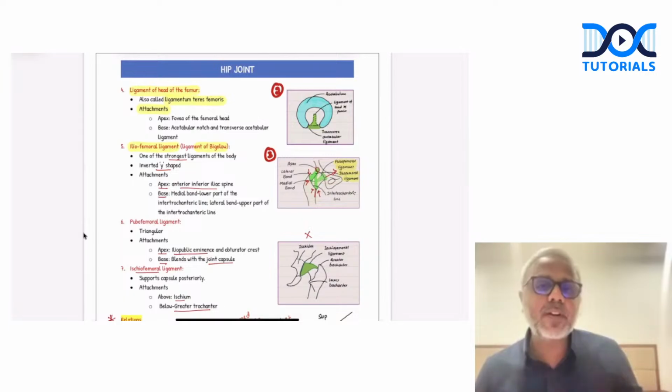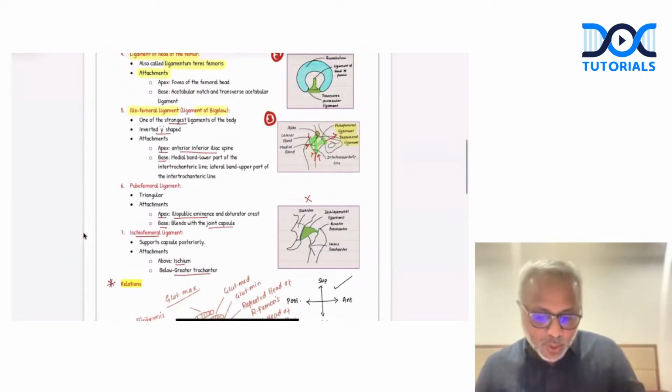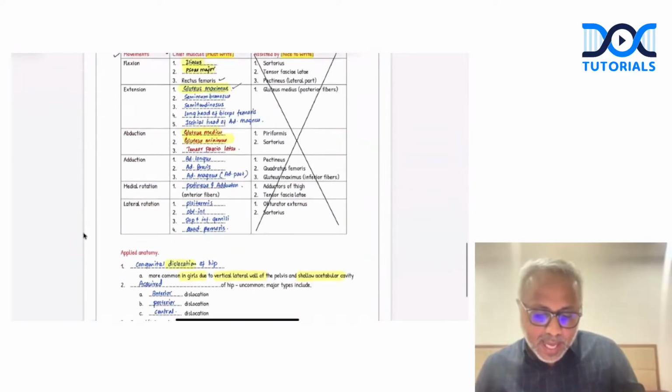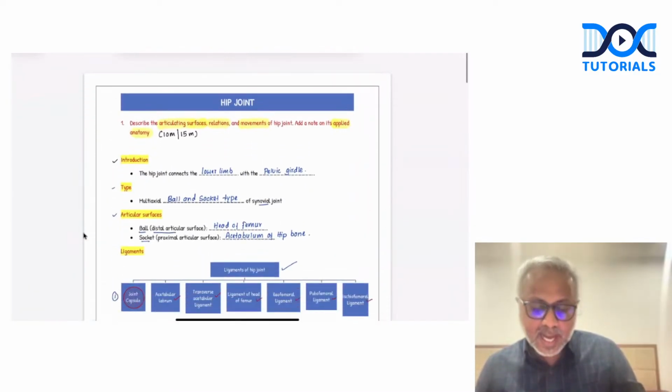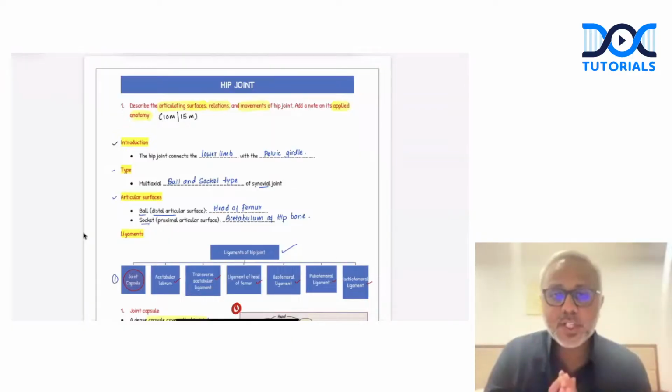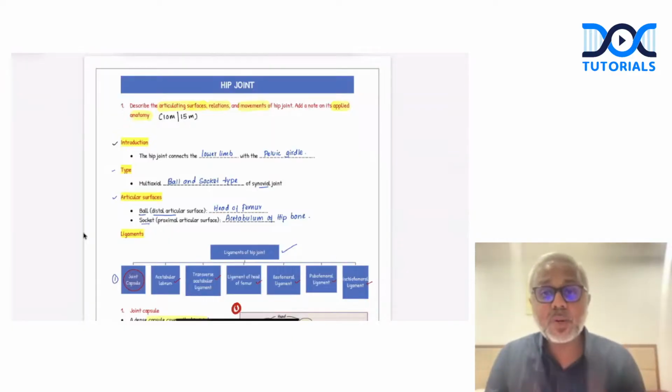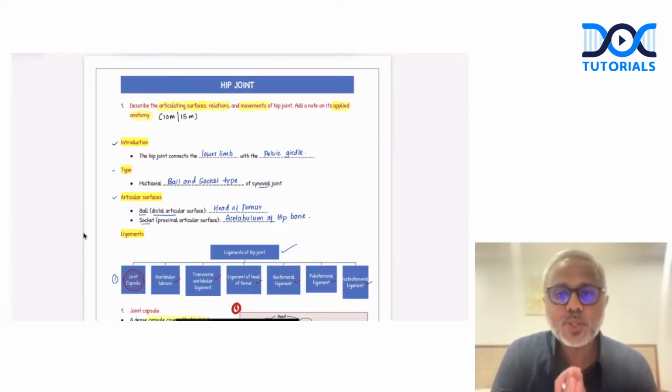So never ever forget to mention the ligaments. What you can do is use this as a quick revision for your exam, a handout that will come in very handy during your exams.